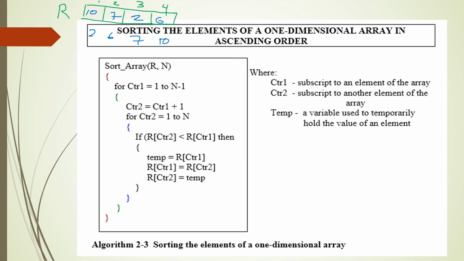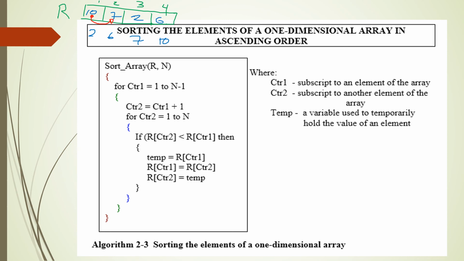Ganun kadali, di ba? However, we should place a logic here, okay? Now, there are different sorting algorithms that we could use, and the most common and the most basic of them all is bubble sort. So how does bubble sort work? It simply compares the first element with the second element.